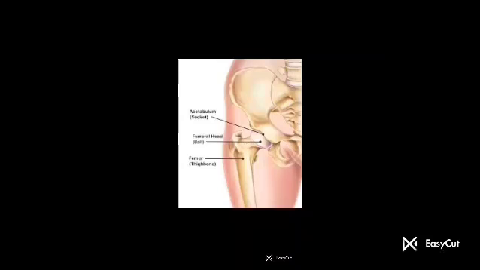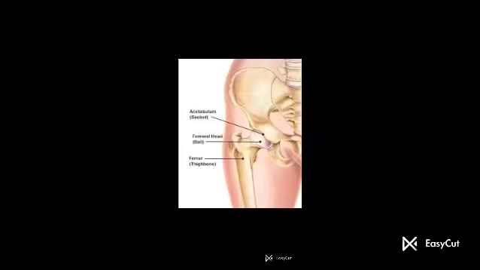Now let's have a closer look at the first bone, which is the femur. The head of the femur articulates in the cavity called the acetabulum, which is found in the pelvic girdle of our body.